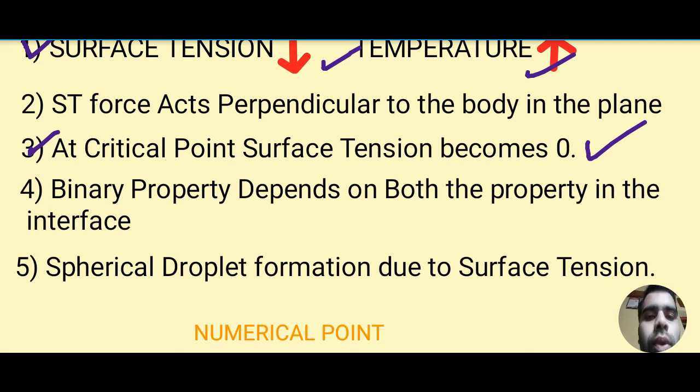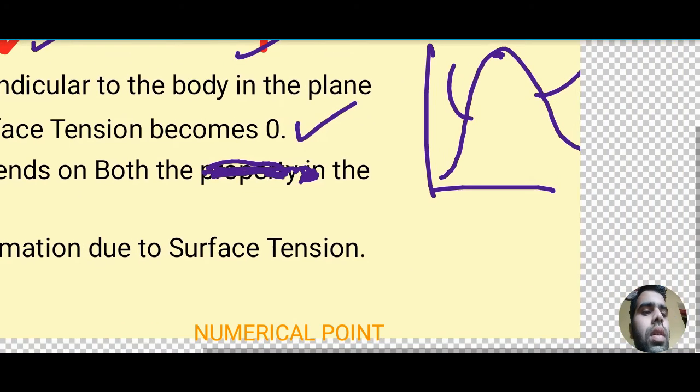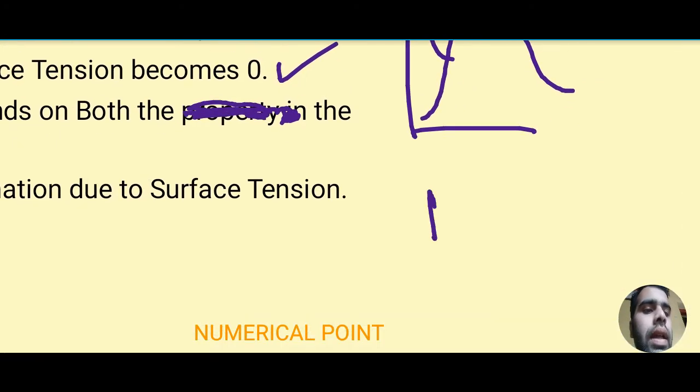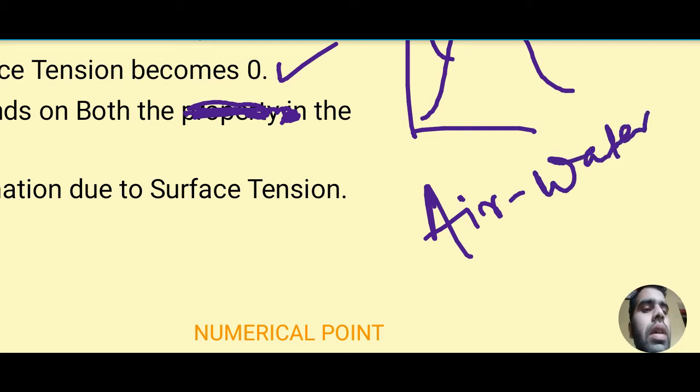The fourth point is very important. It is a binary property and depends on both sides of the interface. The surface tension value for air and water is defined. Surface tension is never defined for a single liquid.